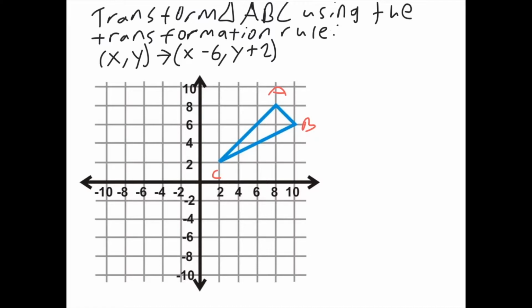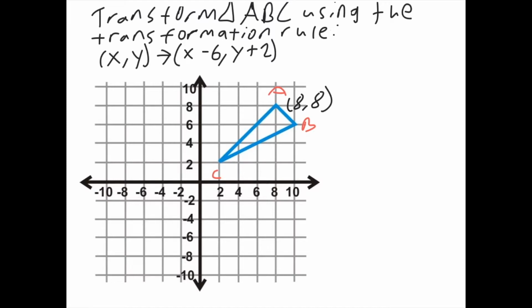What that means is, for every point on that shape, we will move horizontally to the left 6 units, because it's negative 6, so we'll move to the negative side. So we'll move left 6 units and up 2 units because it's plus 2. So remember, x is horizontal movement, y is vertical movement. So if you look at point A, that is currently at the point (8, 8).